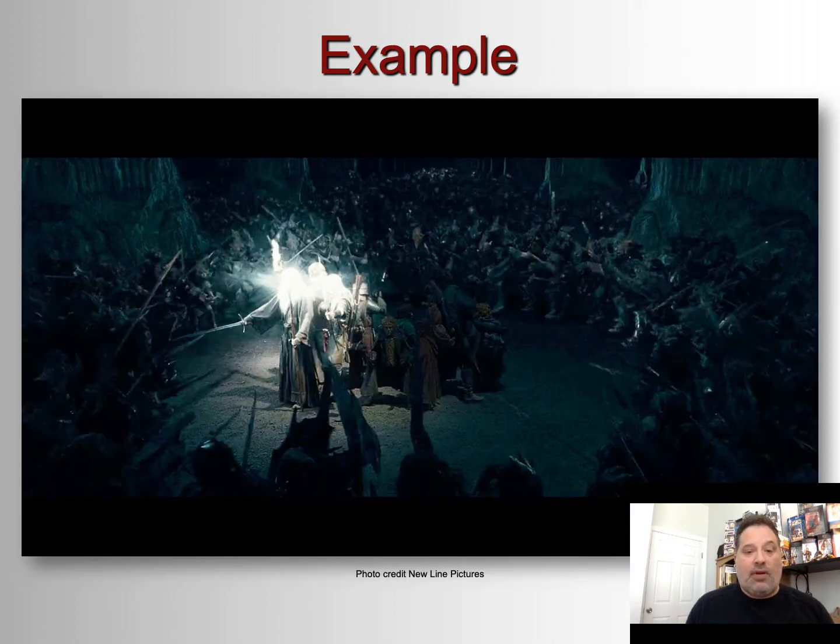In this shot from Fellowship of the Ring, you can see overexposed lighting in our heroes here, right? And this gives us a sense that the light that Gandalf is using is magic, right? This high intensity magic light that's so bright that it kind of just effaces them, right?